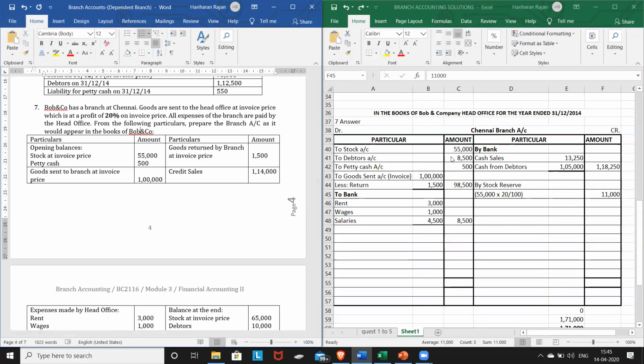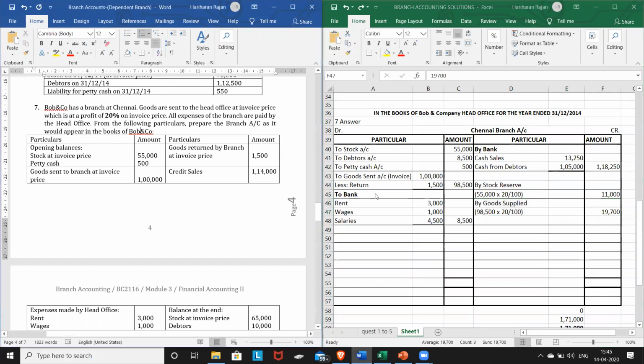The profit is removed: stock with invoice price, plus the profit separately here. Ultimately the difference will be the cost which the head office recorded. Next is goods sent. I will not take 1 lakh and 1,500 separately; instead I can take it on 98,500. Using the same formula, I got 19,500.